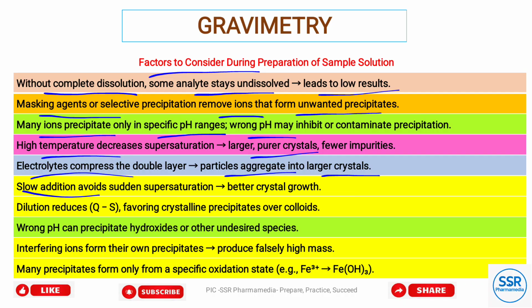Slow addition avoids sudden supersaturation, leading to better crystal growth. Dilution favors crystalline precipitates over colloids. Wrong pH can precipitate hydroxide or other undesired species. Interfering ions form their own precipitate and produce falsely high mass. A precipitate may form only from a specific oxidation state.